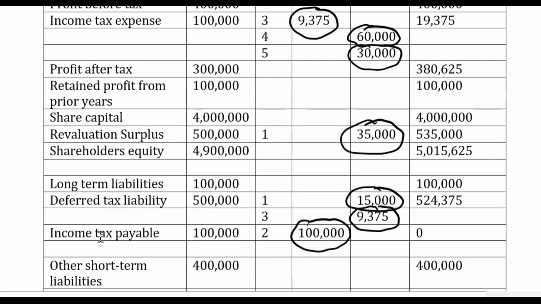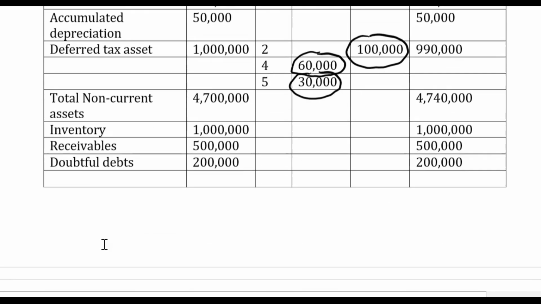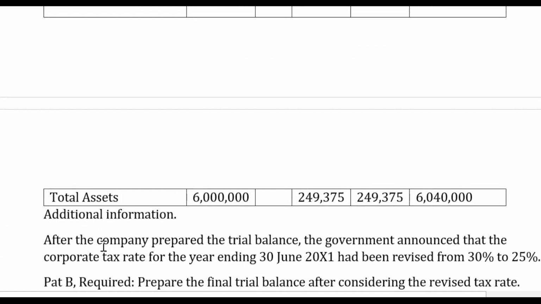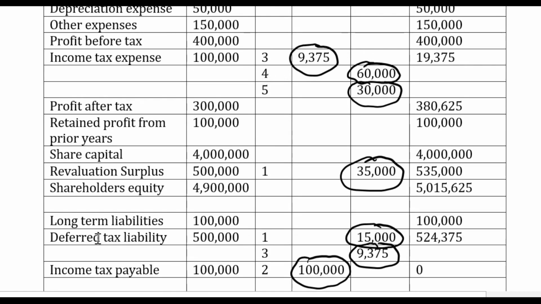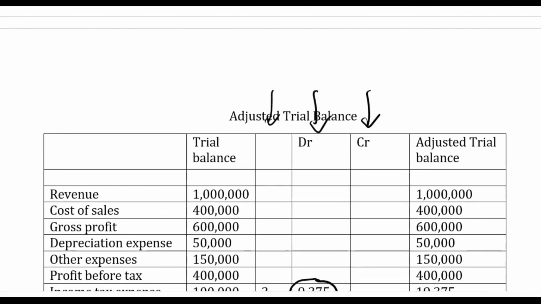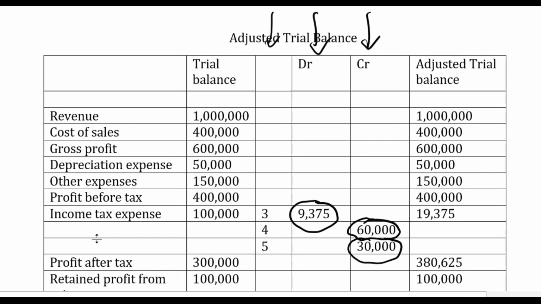So once we have done these adjustment entries, we can look at whether our total adjustment debits are equal to total adjustment credits. Once we have ascertained that, we can add them across, taking care of the debit and credit items, and knowing whether it's a credit balance or a debit balance.